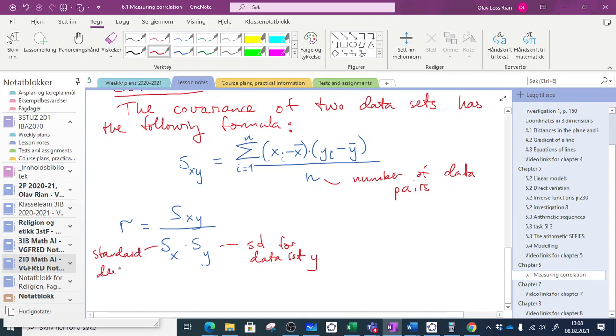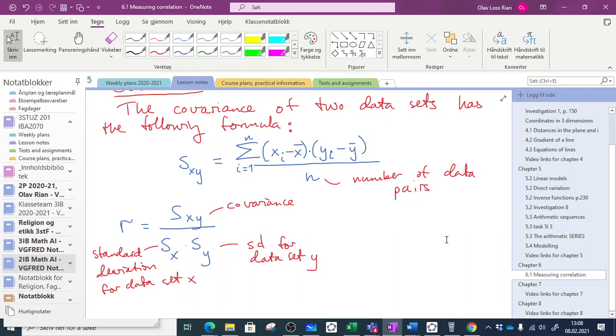And this is the standard deviation for dataset x. And again, this is the covariance. So we have to flip back to chapter 3 or whatever it was to again find the standard deviation.